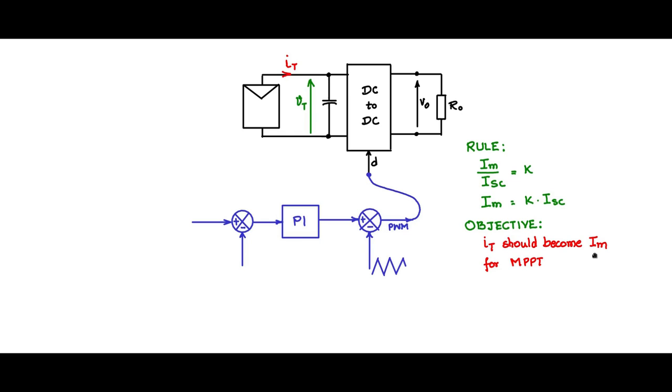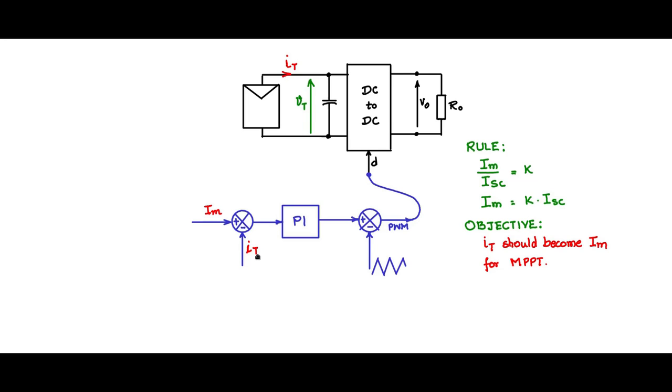Using these two variables, what I need to give as feedback is the current flowing through the PV panel. So I would like to have IT as feedback, and as a reference I would like to have Im.